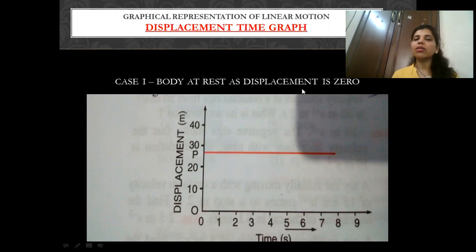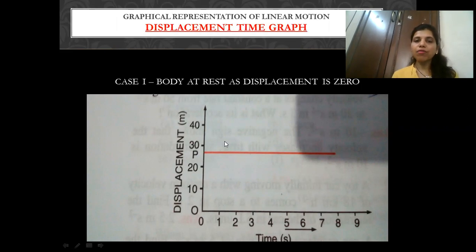So here you can write that the displacement is going to be 0. The reason is the body is at rest. That's why it is not displacing, it is not changing its position with respect to the surrounding.